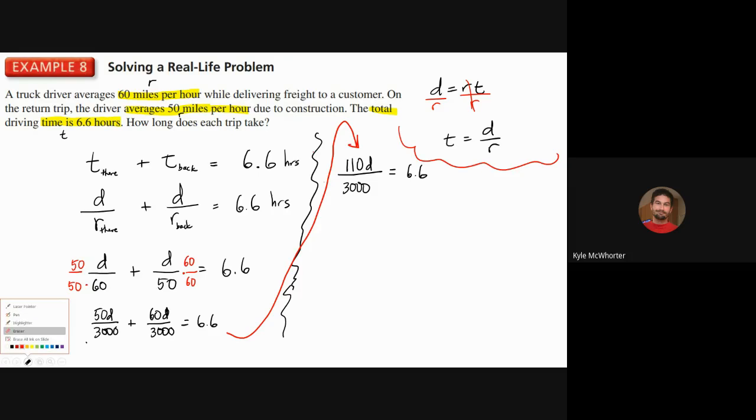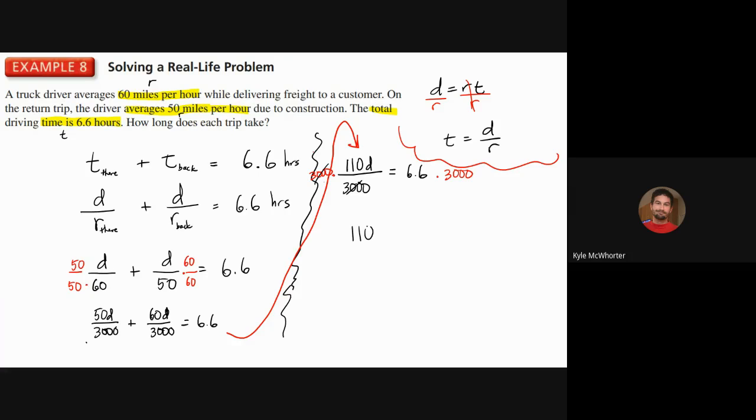First I am going to multiply both sides by 3,000. That's going to cancel these.